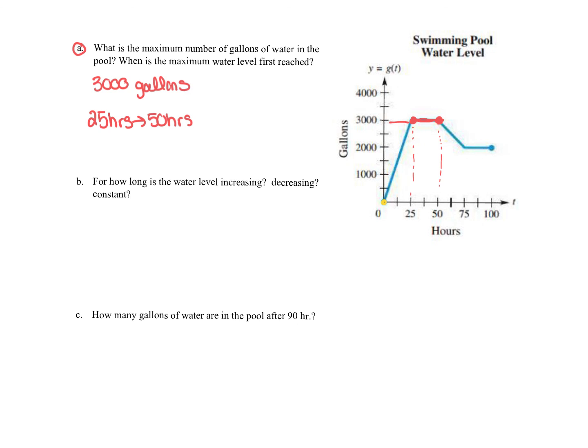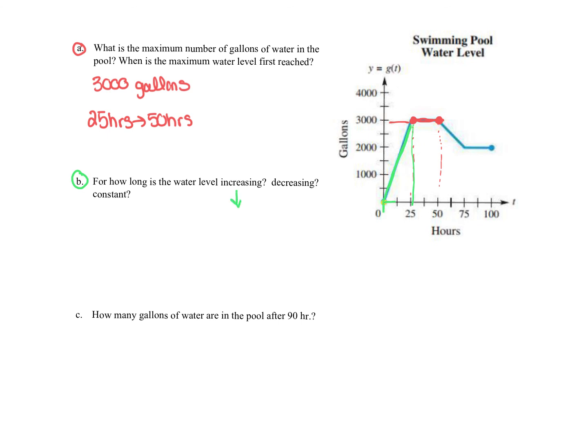Letter B we'll try doing in green. For how long is the water level increasing, decreasing, constant? So here's my increasing piece right here. So I'm increasing, and that's a span of, starts from 0 and goes to 25.